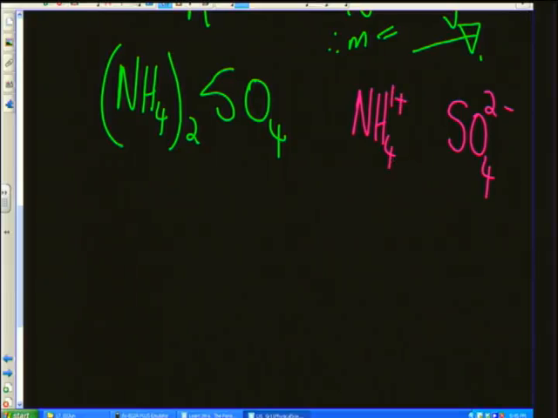It's a 1 plus. We just don't write it there. When you put these two things together, the quickest way to get this is to say this one, without a charge, is going to be a subscript there. And that one without a charge, is going to be a subscript there. That's how you find your molecular formulas.